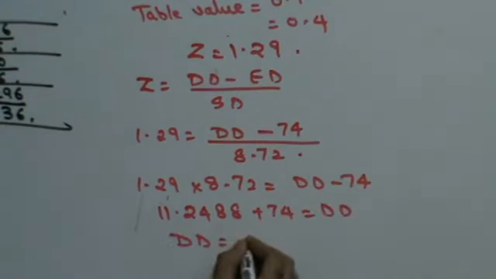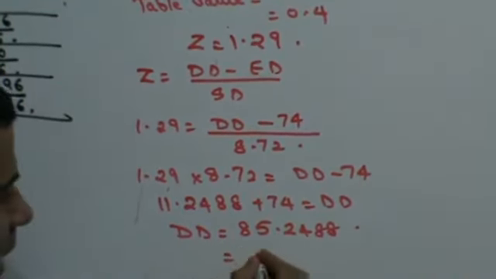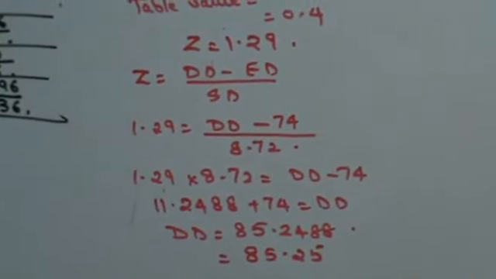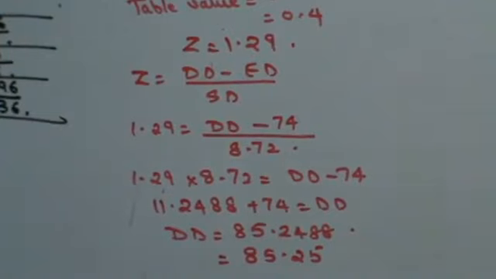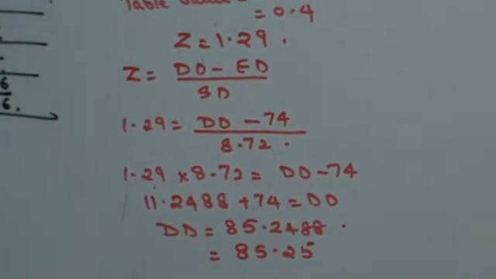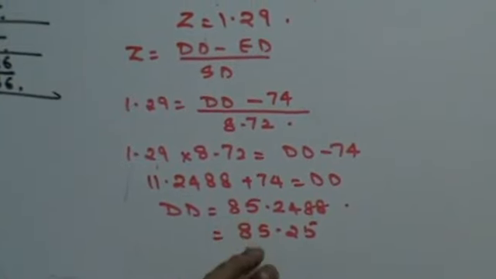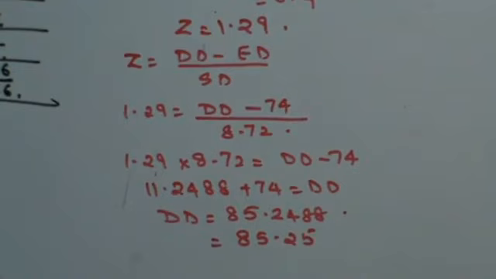So the due date is 85.2488, which I can write as 85.25 days. So for 90% confidence that my project will be completed on time, the time is 85.25 days.